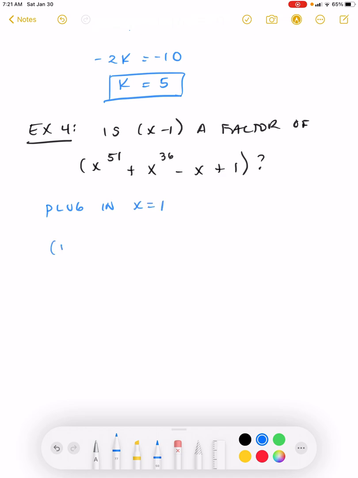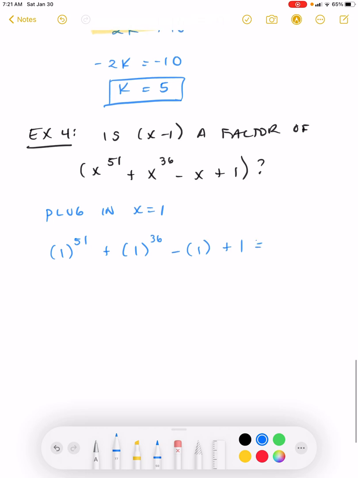I can plug x equals 1 in for all of these x's because I don't care about all of the other parts in the division. All I care about is what the remainder is, and that's what the result will be. If I get a remainder of 0, then that tells me yes, it is a factor.